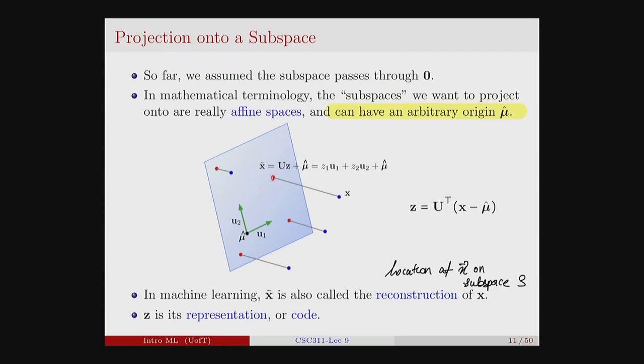So in this k-dimensional subspace, you can write down x tilde as some z1 times u1 plus z2 times u2. But remember, this projection can also be written out in terms of the orthonormal basis for the original space as well, because it's a subspace of that original space.